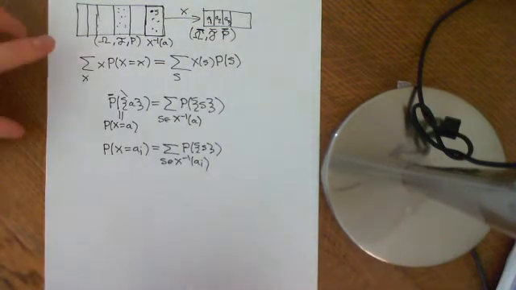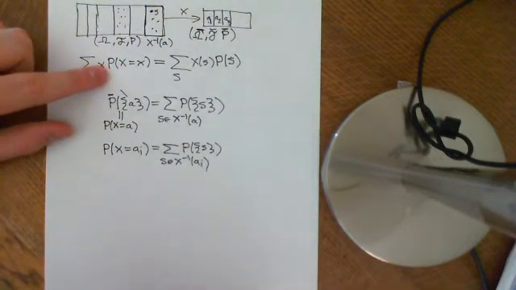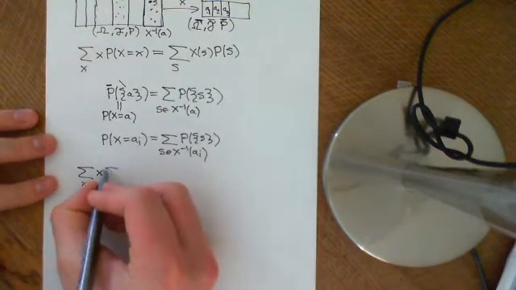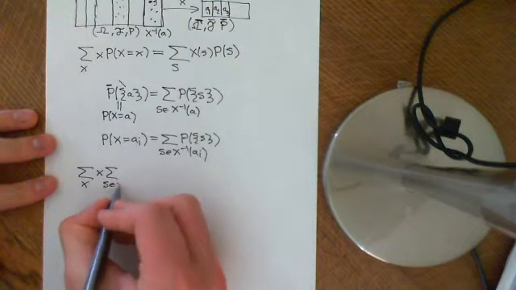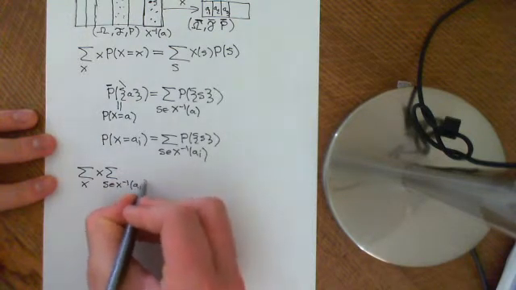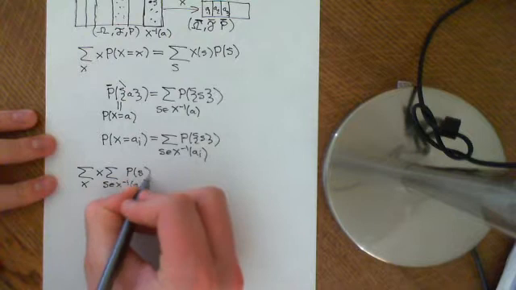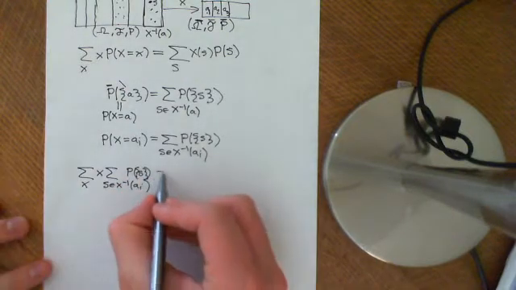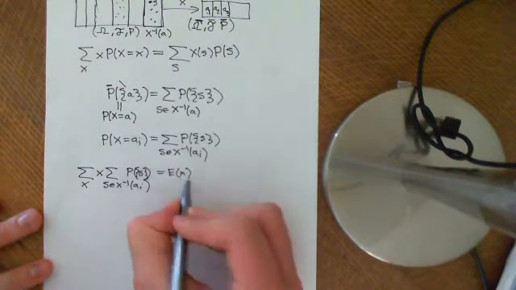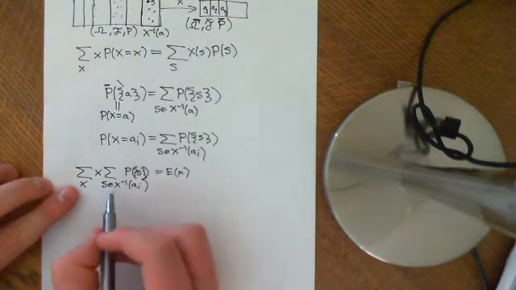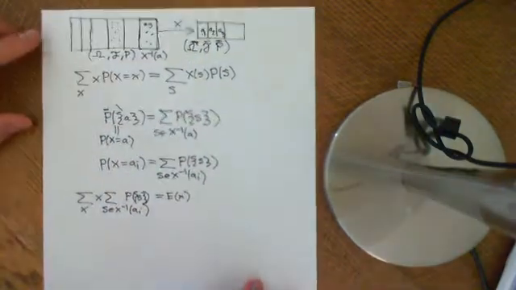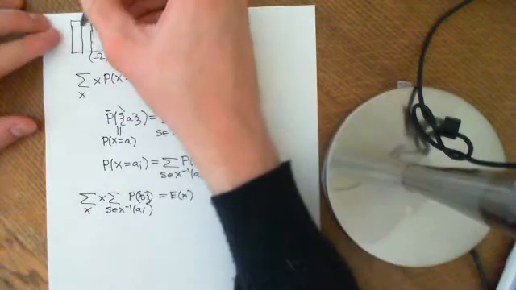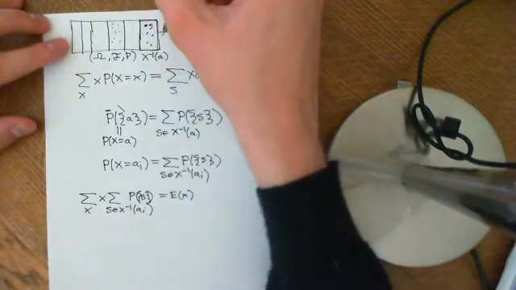Okay, then what we can do is we can replace this here with this, and we get that the sum over all values of X times the sum of S is an element of X inverse of AI, probability of S, probability of the singleton containing S rather, and that would be equal to the expectation value. Well, if you sum over all values of X, this forms a partition of the total set. All these inverse images of every single value of X form a partition of the set.